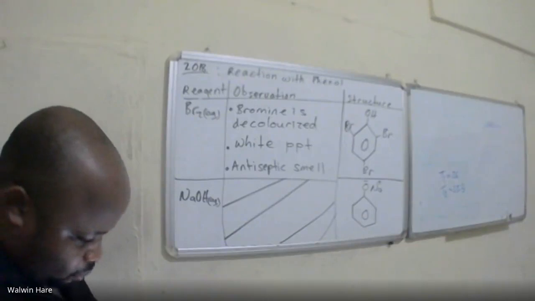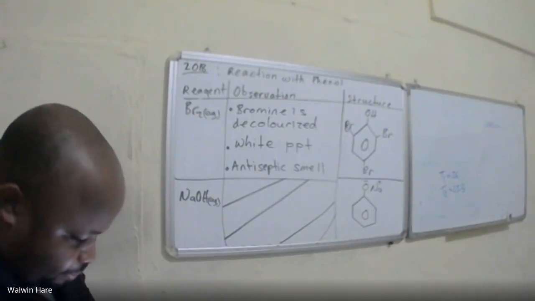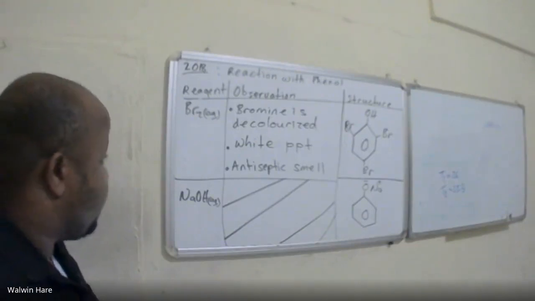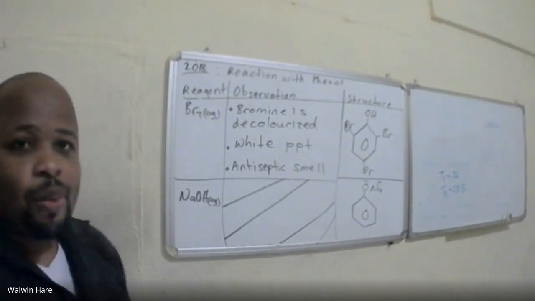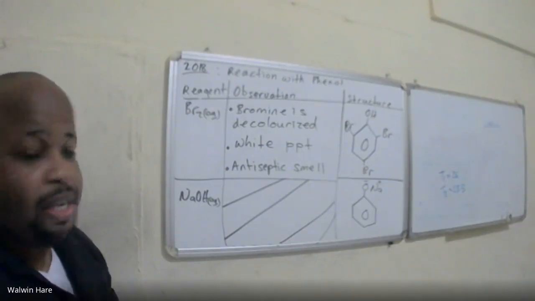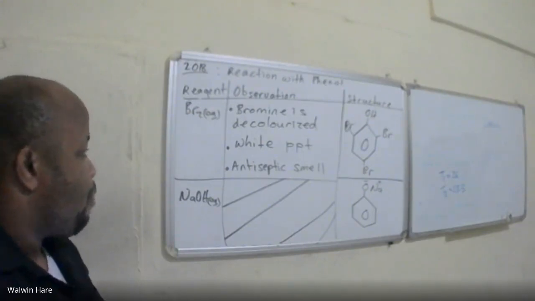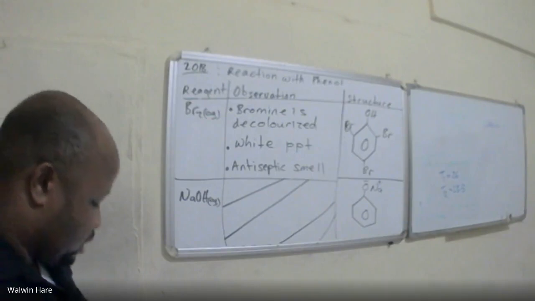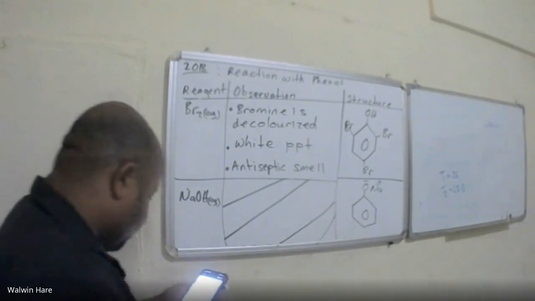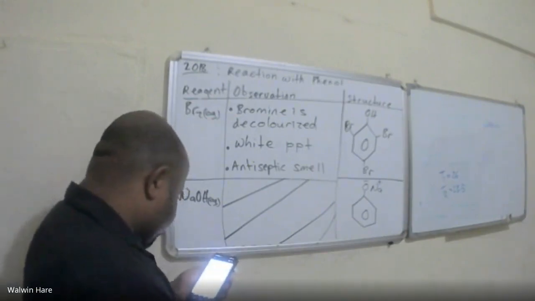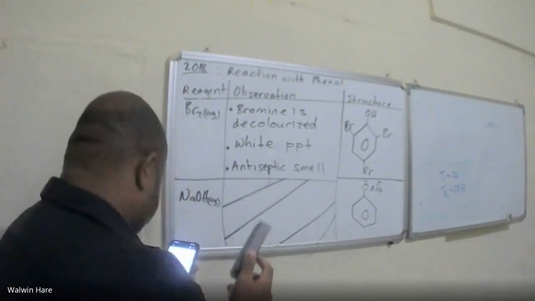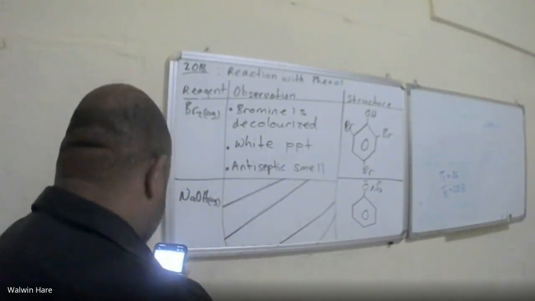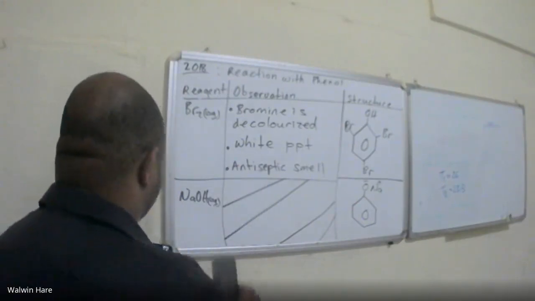This one is from 2013. Again, it's a table. With these questions, you just need to ensure that you remember the reactions, the reagents used, and the products that will be formed. So it's just like before again. It's phenol. This time the table is a little different.